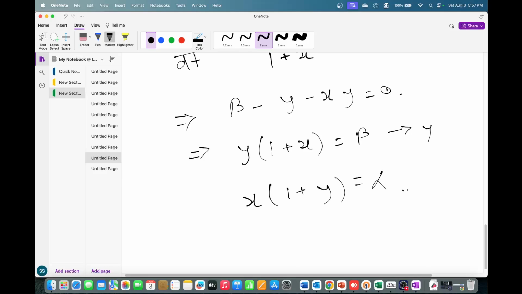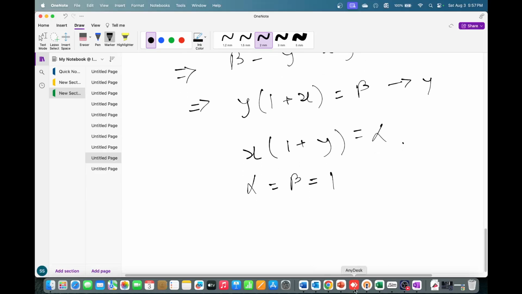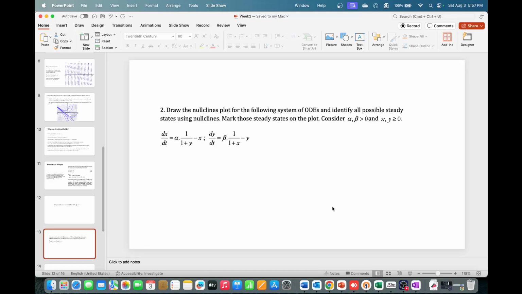Now alpha and beta are given as parameters. For our simplicity, let's consider them as 1 because these are constants only. In the question also it is given that they are both greater than 0. So let's consider them as 1.